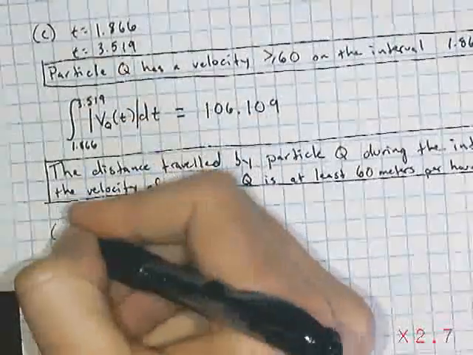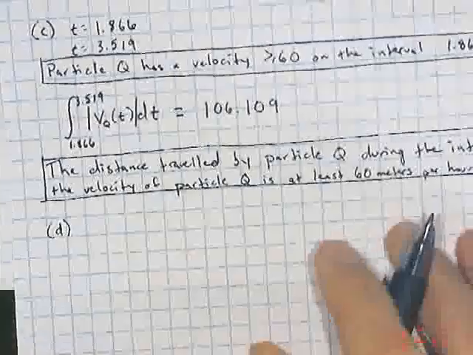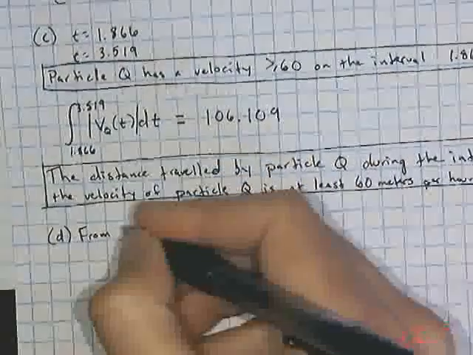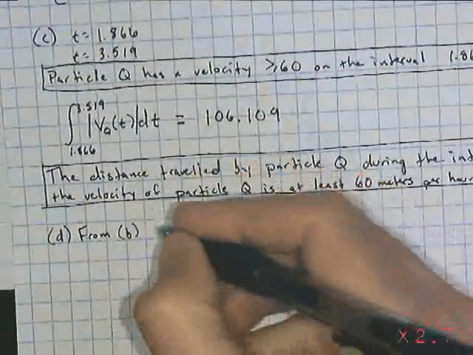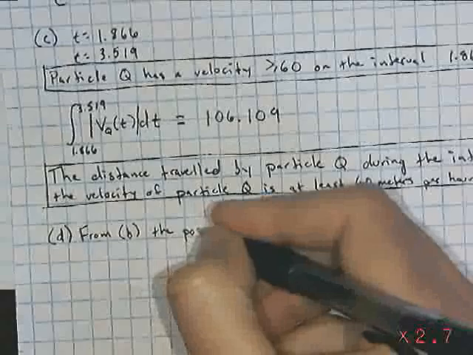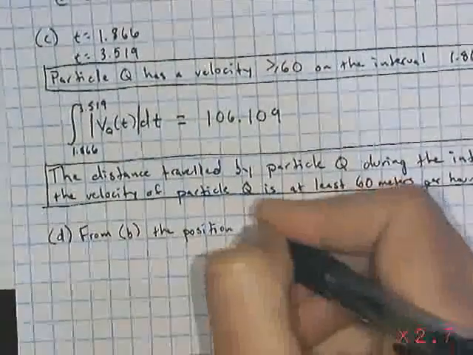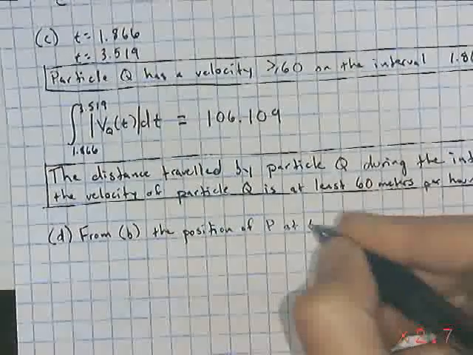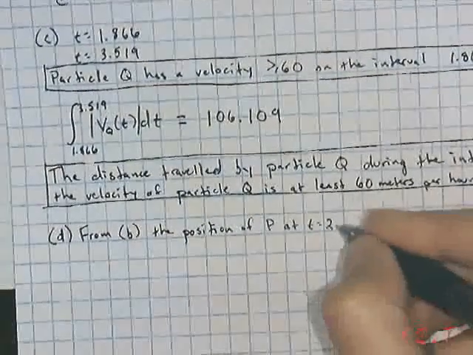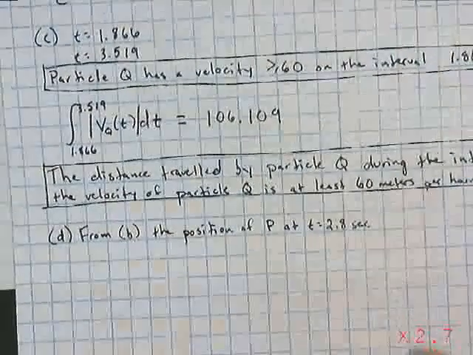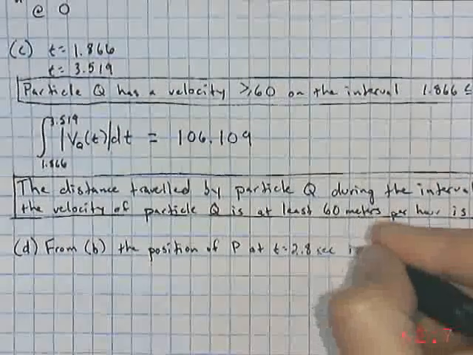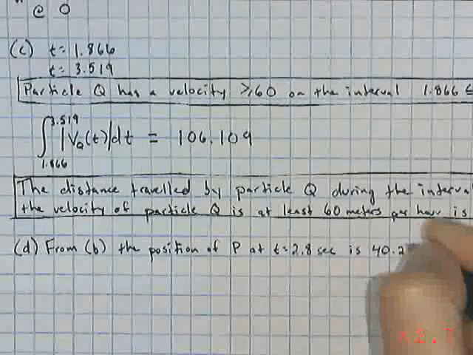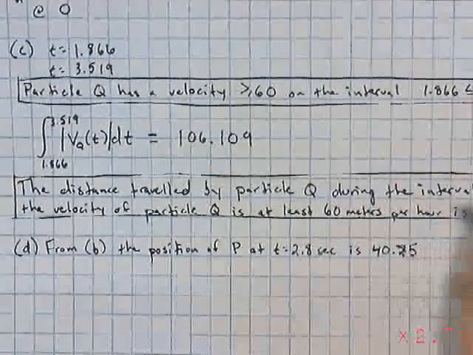So part D, we can say from B, the position of P at t equals 2.8 seconds is 40.75, sorry, not 25, 75.